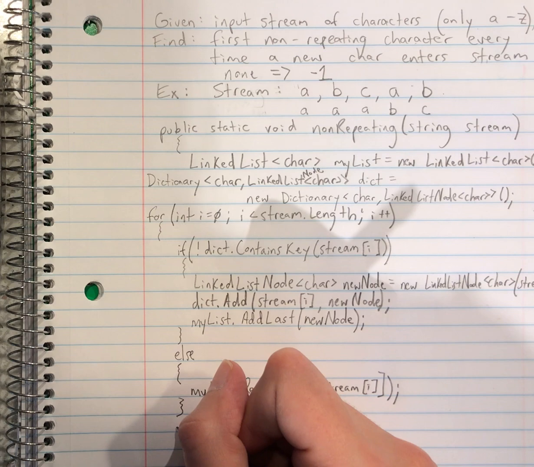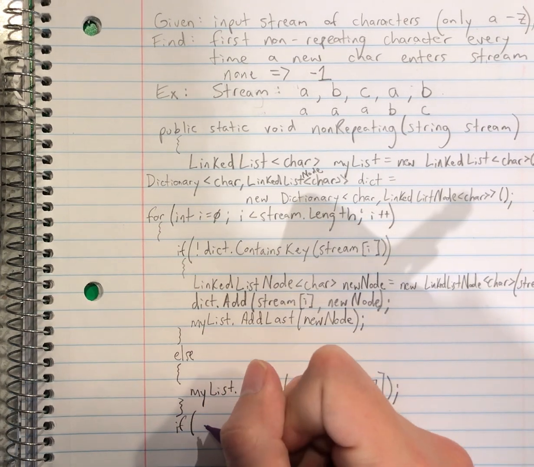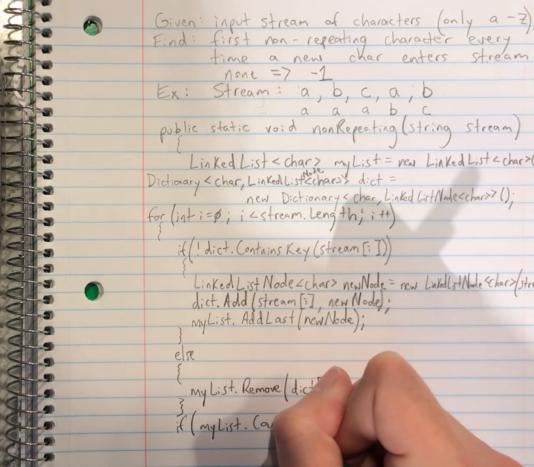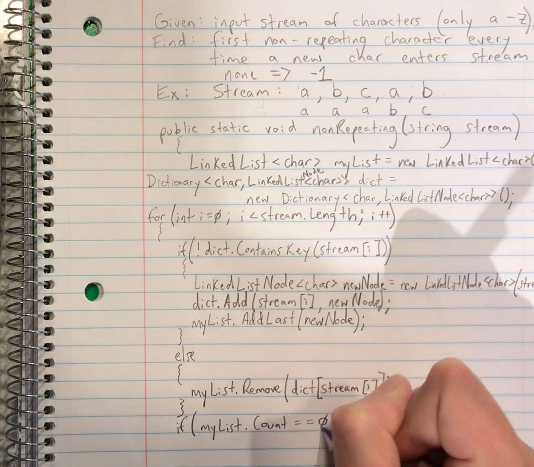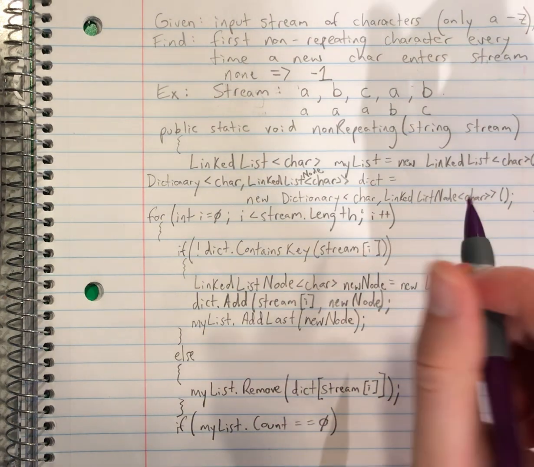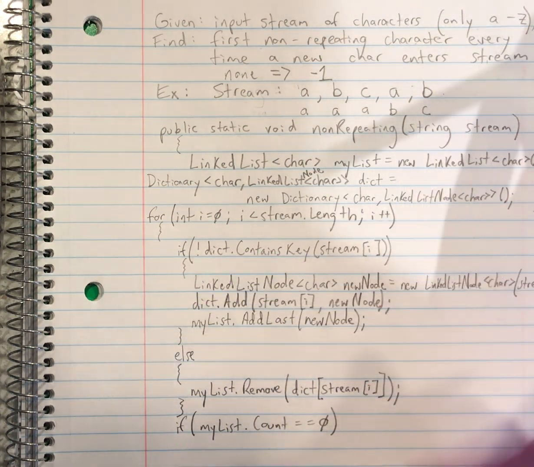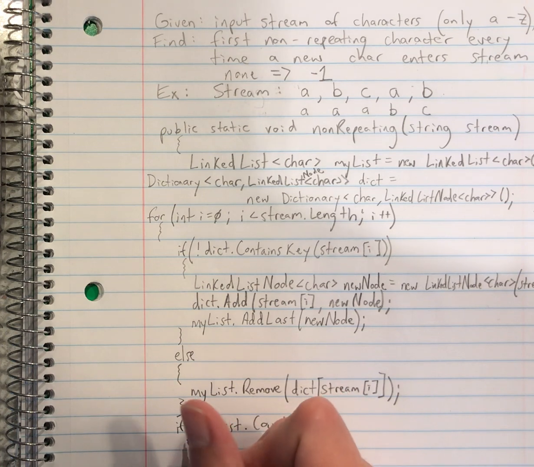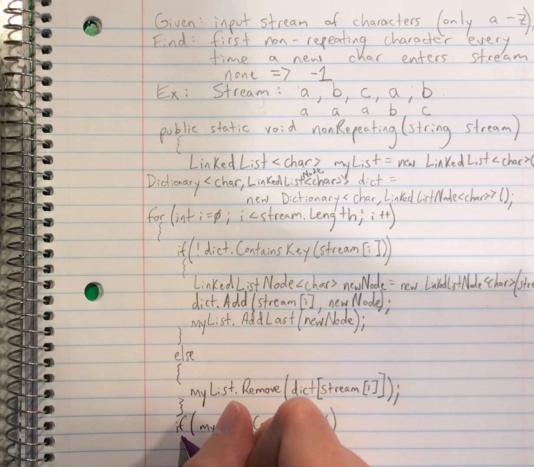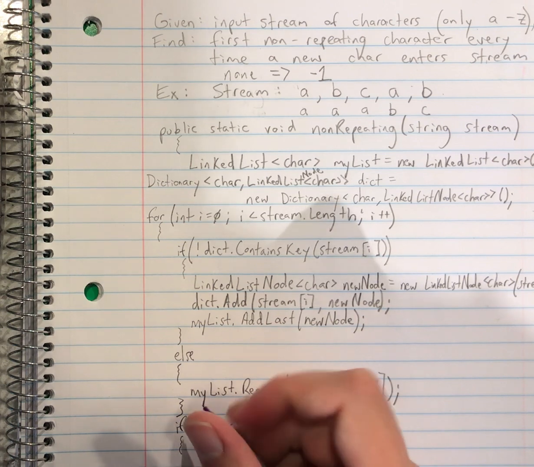So another if statement, if mylist.count is 0, which means there are no characters that have entered the stream that have not been repeated. That's a lot of negatives, but there are no non-repeating characters present if mylist.count is 0. Then we want to console.writeLine -1.